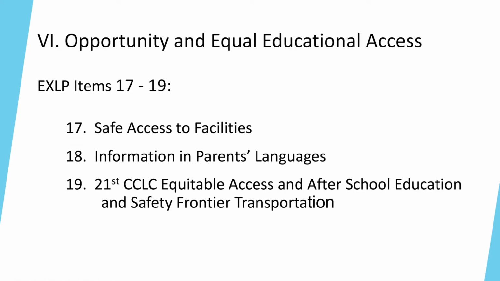Opportunity and equal educational access is the 6th dimension. The items in this section are 17, safe access to facilities; 18, information in parents' languages; and 19, 21st CCLC equitable access and ASES frontier transportation.